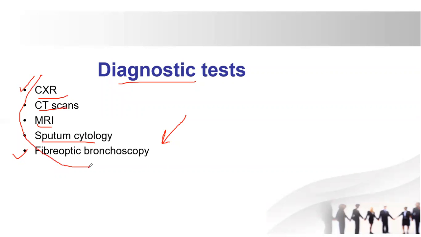These were the different tests that can be performed to diagnose lung cancer. One of the most important is the chest X-ray, then sputum cytology, bronchoscopy, or even CT scan and MRI.